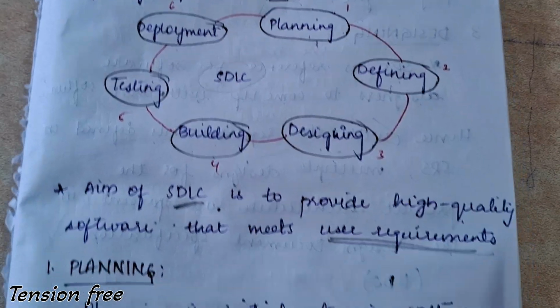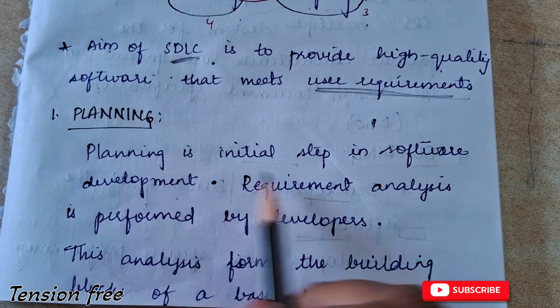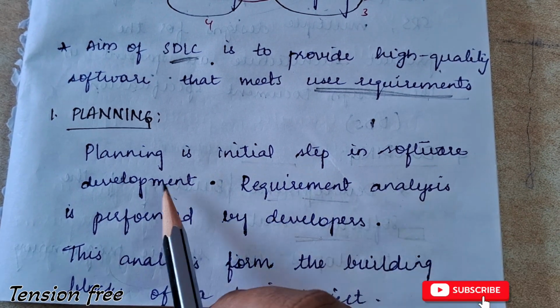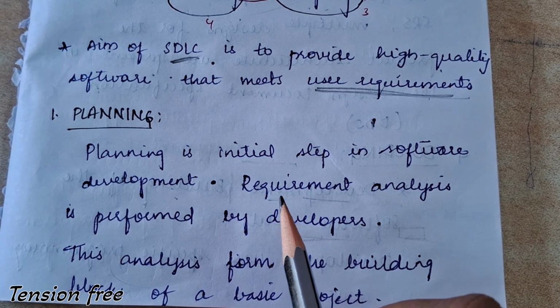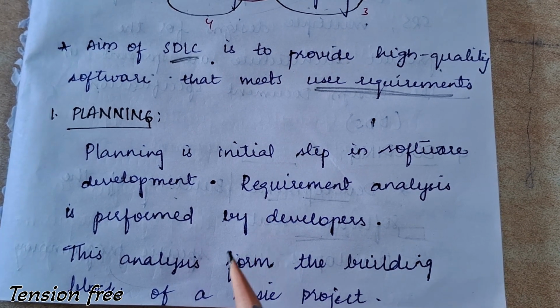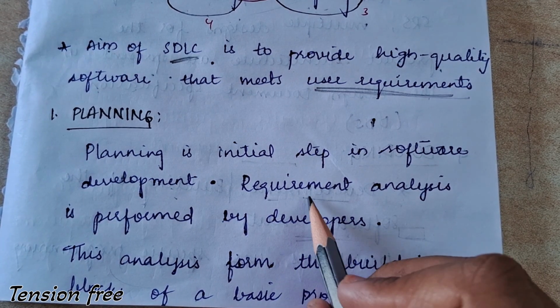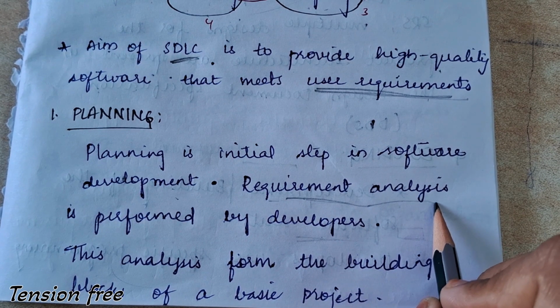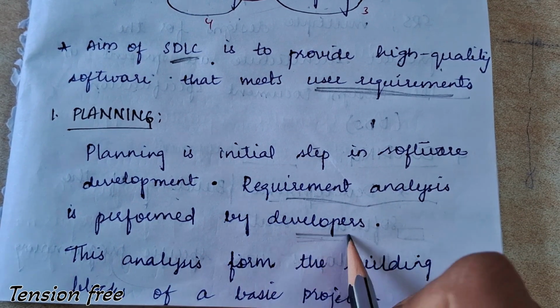So the first stage is planning, right? Planning is the initial step of software development. It's a basic step. We plan something to build a house, and in that way we're going to develop software. Here, the requirements will be analyzed. Requirements analysis is performed by the developers.